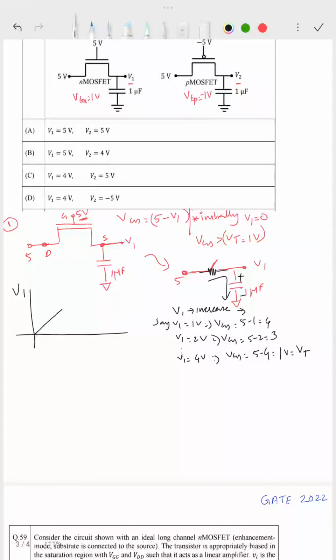Now any V1 greater than 4 volt, VGS becomes less than VT, or NMOS will be off. So the capacitor will charge until 4 volt, and once it reaches 4 volt there won't be any more charge, because the NMOS will be switched off. So the steady state value of the voltage V1 will be equal to 4 volt.